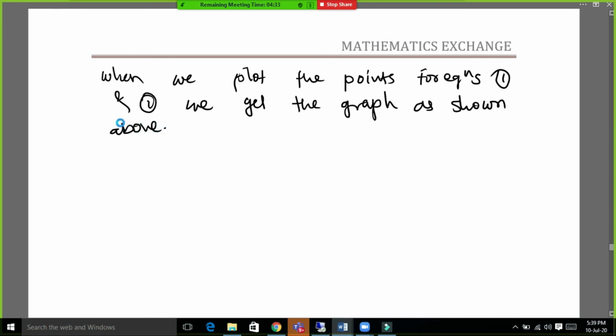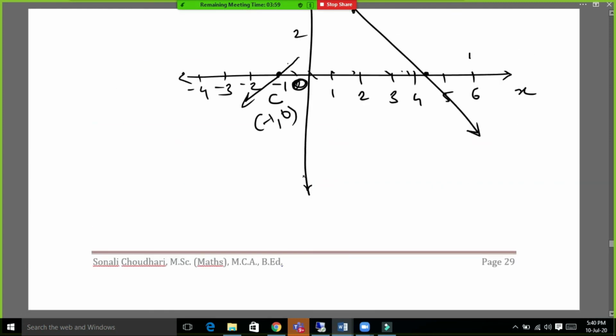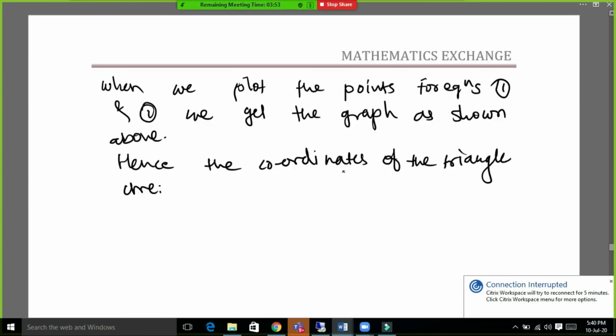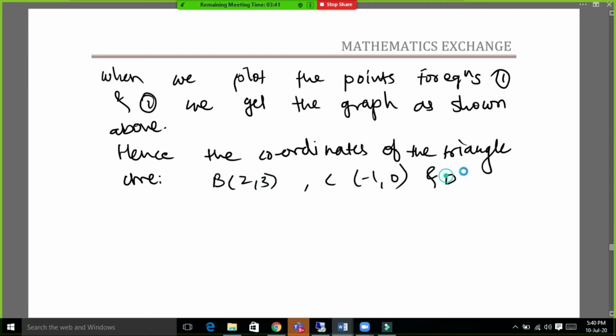The coordinates of the triangle formed, hence the coordinates of the triangle, are B, C, D, our 3 points. So B is 2 comma 3, C is minus 1 comma 0, and D is 4 comma 0. So B of 2 comma 3, C of minus 1 comma 0, and D of 4 comma 0.